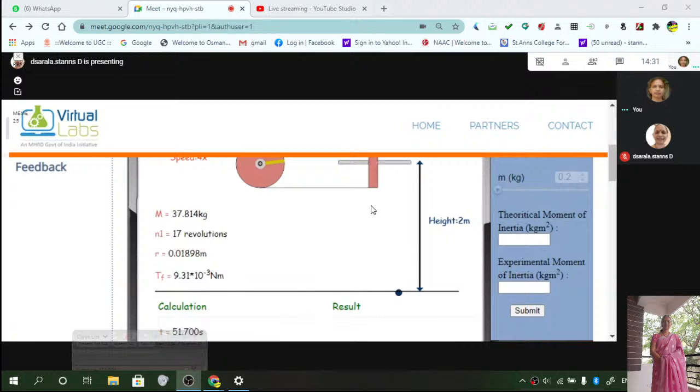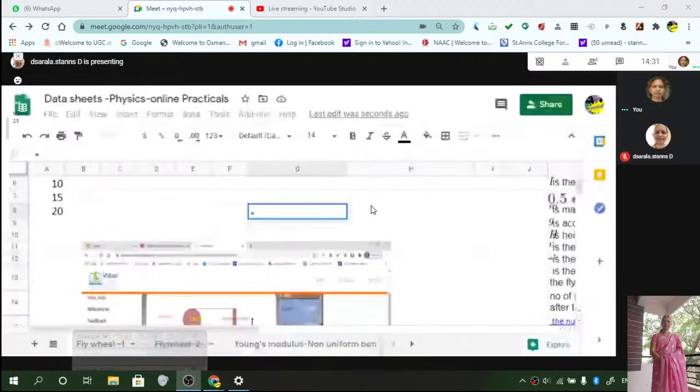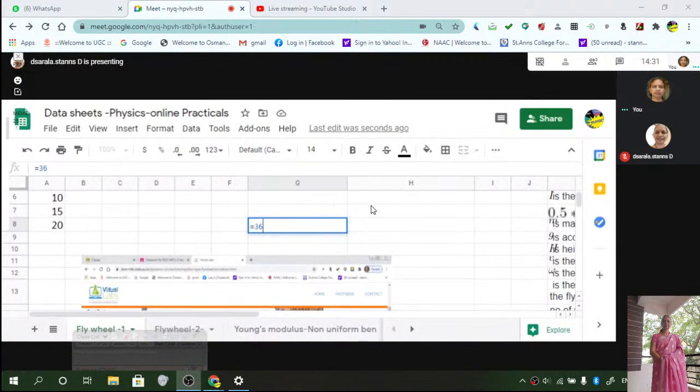So let me choose some cell, is equal to, what is your m? m is 37.81, so 37.81 m, and then into r square. Put a bracket.